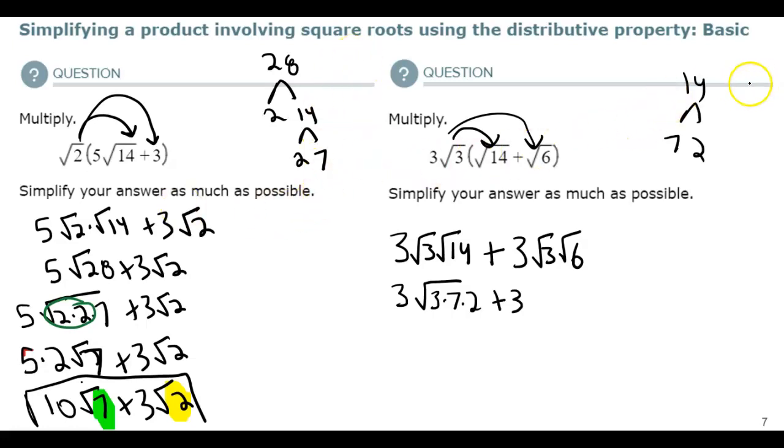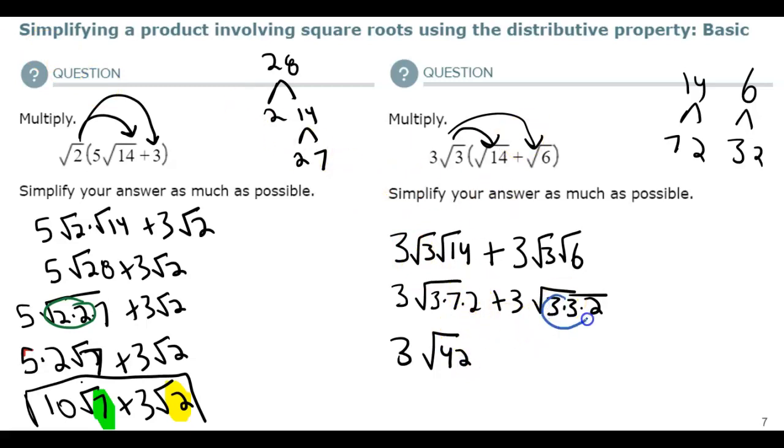If I break down 6, that's 3 and 2. This does not simplify anymore, so that's just a 42. I can pull out a 3 from that. These are different, so that's all I can do. I cannot combine them.